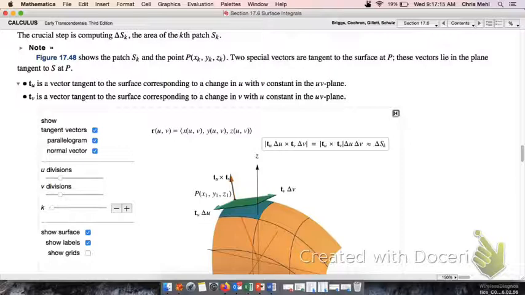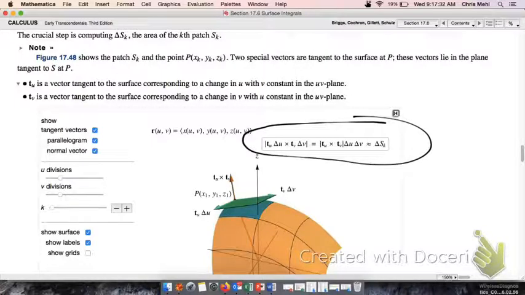Delta u and delta v are scalars, so they come out. That would approximately be the area of the kth patch. So you take the cross product of the tangent vector with respect to u, crossed with the tangent vector with respect to v, multiply it by delta u and delta v. So that's an approximation for the area of the kth patch.